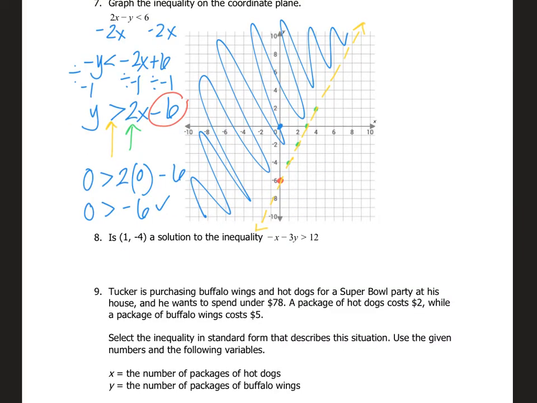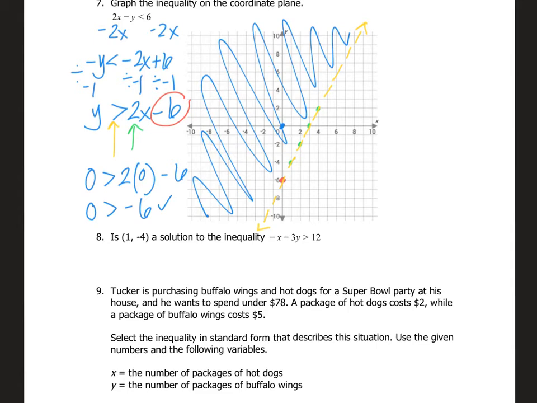Okay, now we are on question number 8 on page 3, and it says, is 1, -4 a solution to the inequality? So all we have to do is plug in the x and plug in the y into the inequality, and if it's a true statement, then it works. It's a solution. Okay, so we are going to plug in the 1, and we're going to leave the negative symbol. So -1 minus 3 times -4 is greater than 12.